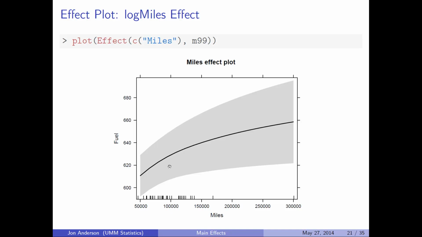But if we have a smaller number of federal highway miles in a state, the impact on fuel consumption is more drastic at smaller values of x, or miles, than it is at higher values. You have to realize that this is graphed in terms of the raw miles component, not in terms of log miles. And so this is the correct way to think about what the impact is on fuel consumption when we change miles.